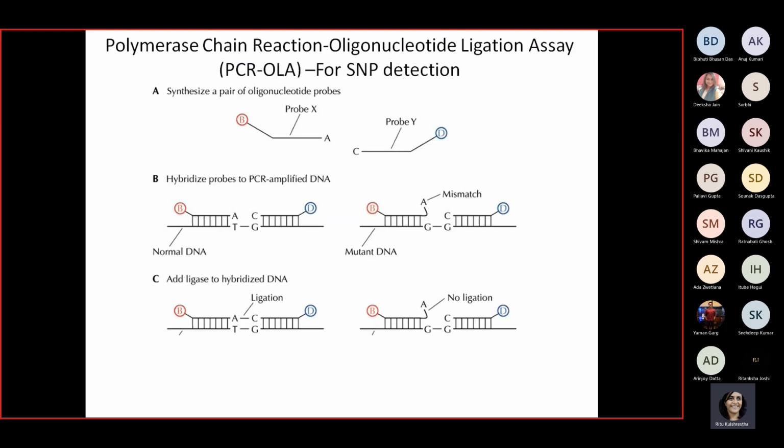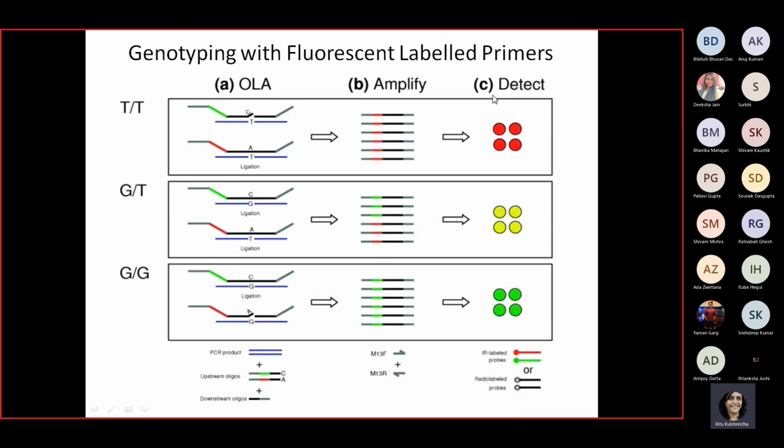So these two methods are there, and one variation of this method for SNP detection is shown in this slide. This is how you can genotype with fluorescently labeled primers. In this case, they have designed three sets of primers. One is ending in the nucleotide which is the right nucleotide that you are aware of, and the other is ending on a nucleotide which is the SNP generally found in that population.